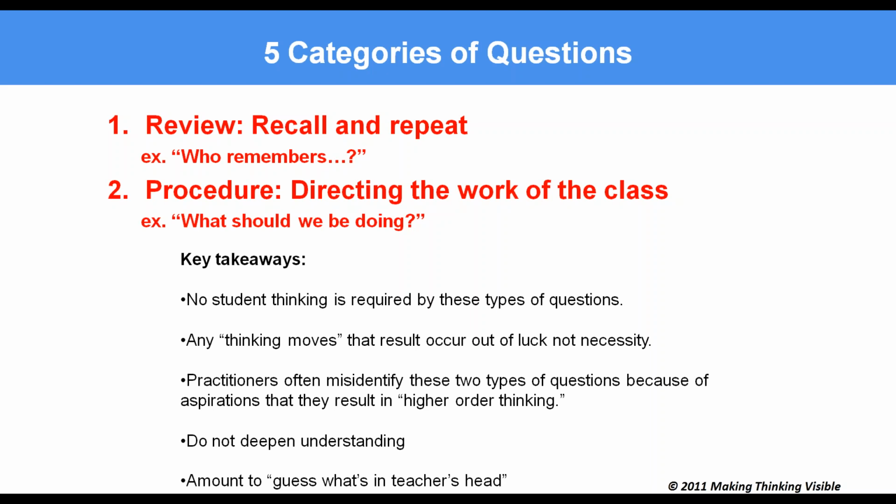A lot of times, teachers will see a question like, who remembers what we did yesterday? And they say, well, the kids could answer that by making connections. They're making connections to what we did yesterday and this and that. That's not what's happening. The kids are remembering what you did yesterday, okay?